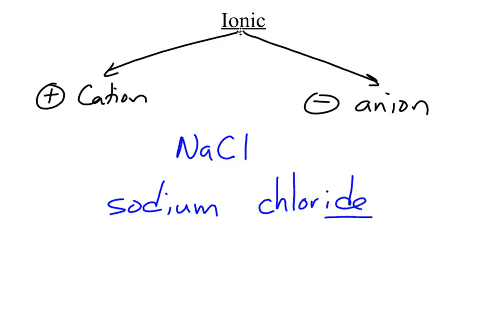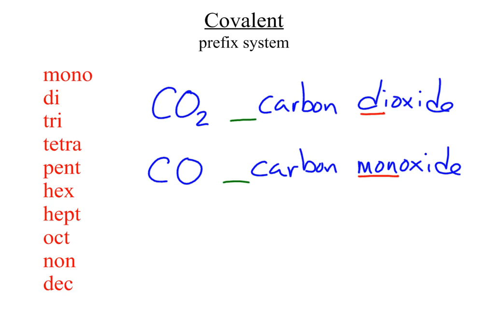We'll talk a little bit more about that in just a moment. You'll notice that we did that as well in the covalent system. Up here, the second element took on that "ide" ending as well.